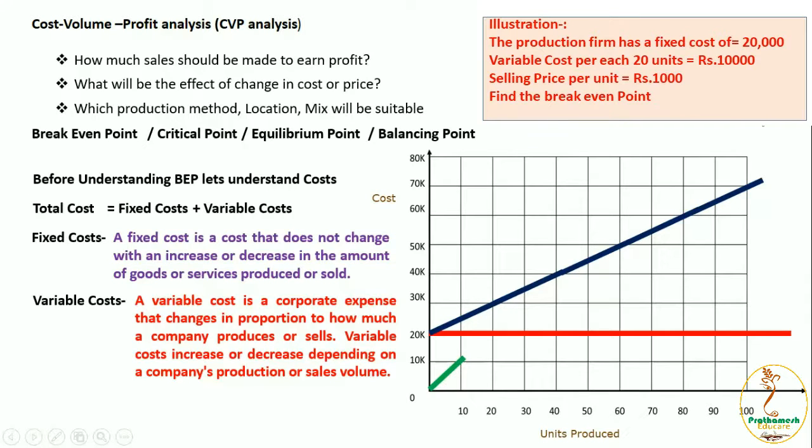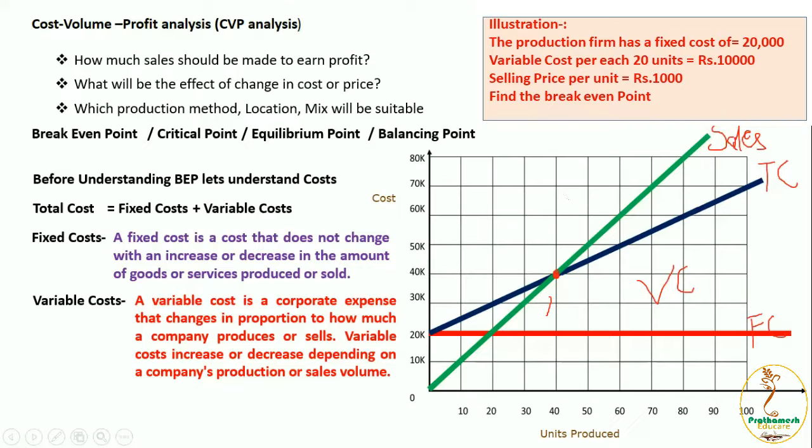Let us draw the sales curve. So this is my fixed cost. This is my variable cost. This is total cost. And this is sales. Now, this is my break-even point.